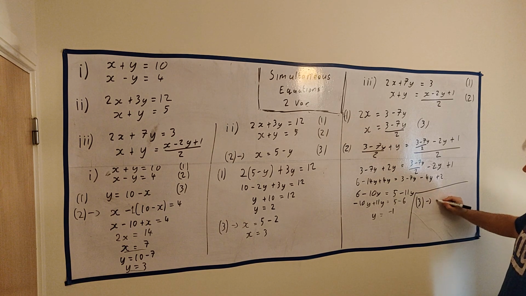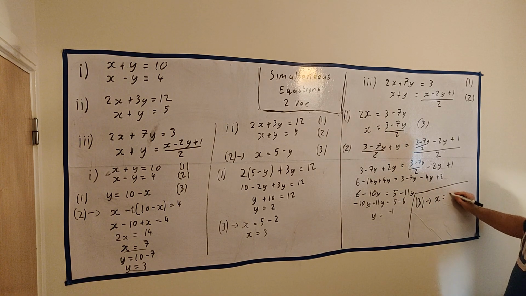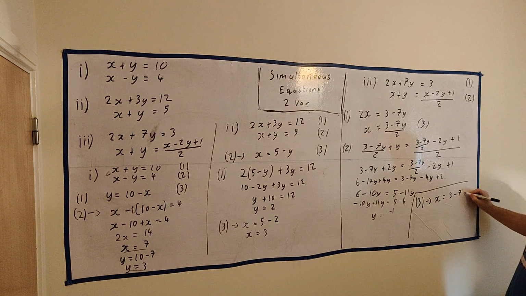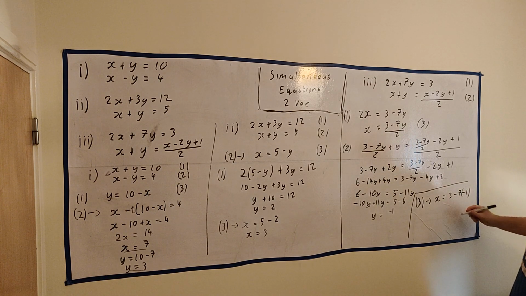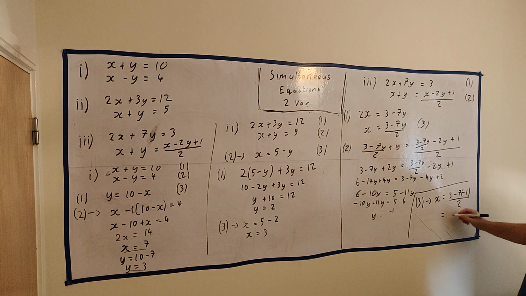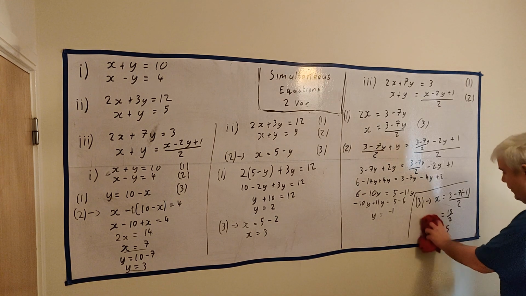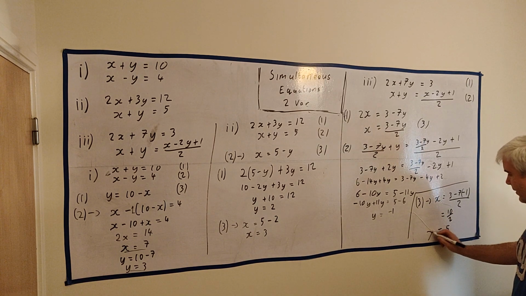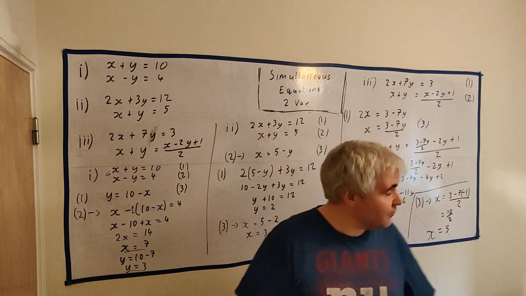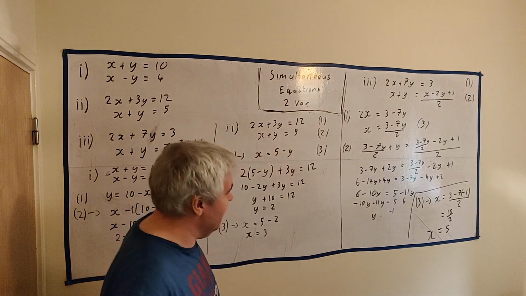That will tell me x equals (3 minus 7 multiplied by minus 1) divided by 2, which is equal to (3 plus 7, 10) divided by 2, which is equal to 5. Oh, bit of a curve in the screen there. x is equal to 5. Just barely made it in on the screen.